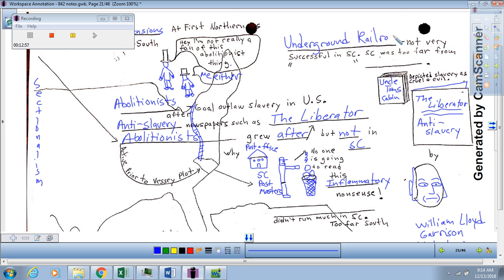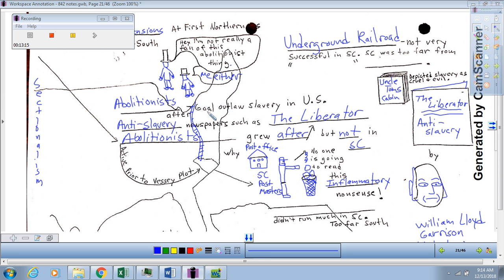Well, the Underground Railroad was not very successful in South Carolina because South Carolina was too far from the border of the free states, which eventually would lead into Canada, which would be the only way slaves could actually be free.